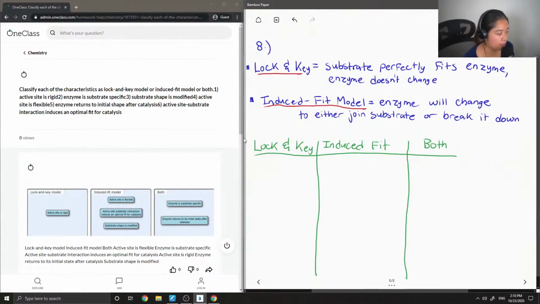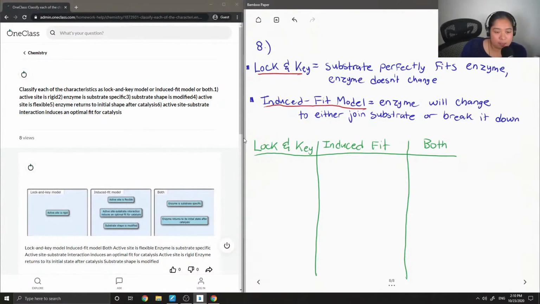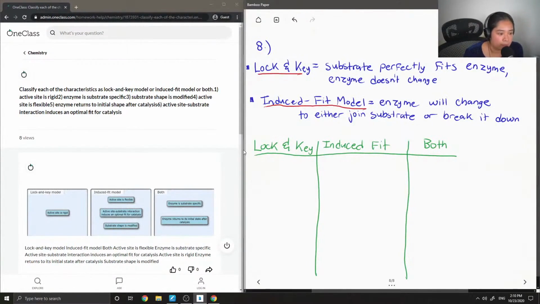Okay, so let's look at option 1. Active site is rigid. So basically that means that it's not easy for the active site to change its shape. So this is an example of a characteristic of the lock and key model. So 1 goes there.